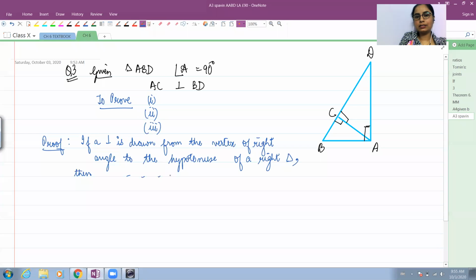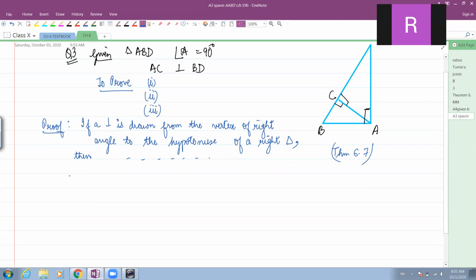Now this is the result from theorem 6.7, which you have to write down so that you can use the result here directly. So you will have the similarity. Now once again, when writing similarity, the correspondence should be correct. So what I'm going to have here is triangle ABC. The larger triangle is similar to the smaller triangle.